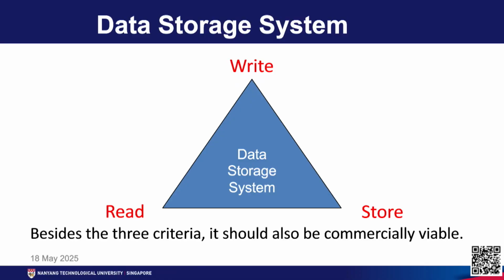I will be showing this triangle quite often, almost every day. From now, every day I will show this triangle. We will be talking about how we write, read or store information.